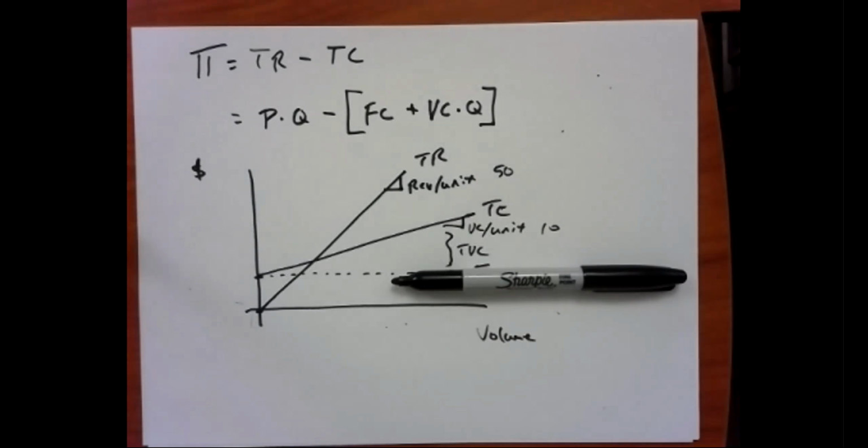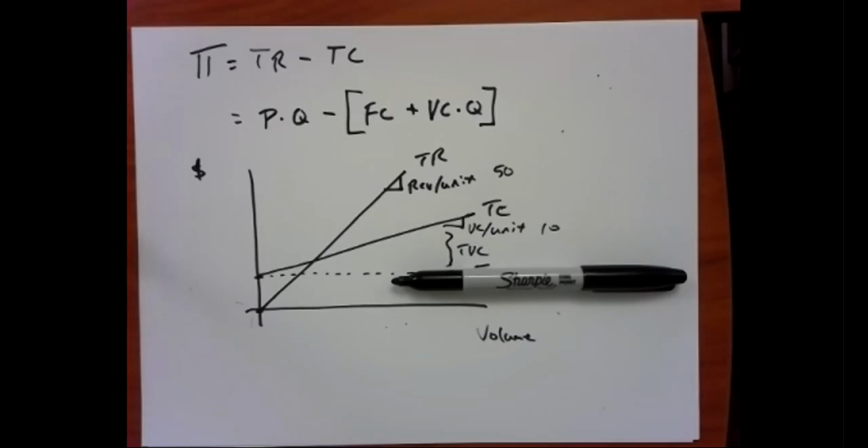We start the race and the fixed cost gets a $100,000 head start on revenue. The good thing is the variable cost goes up at $10 per unit, whereas the revenues go up at $50 per unit. So the revenue is running much, much faster than the variable cost is.